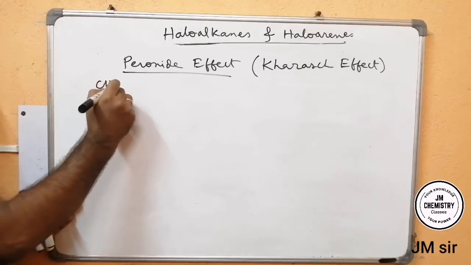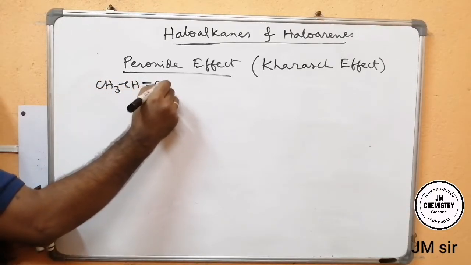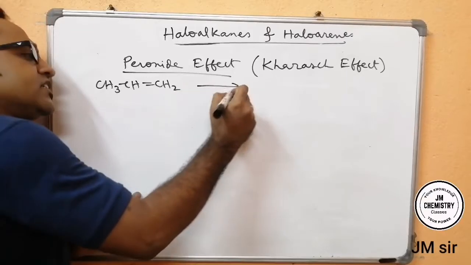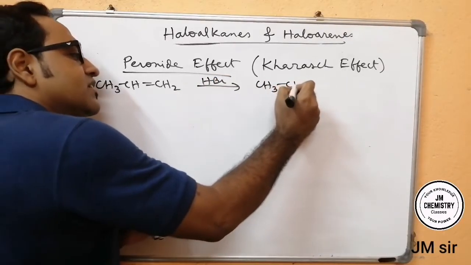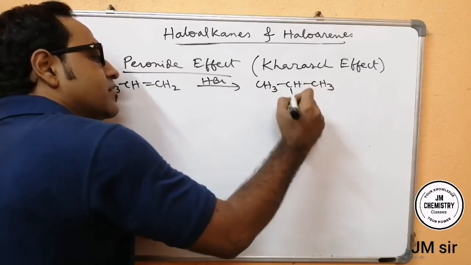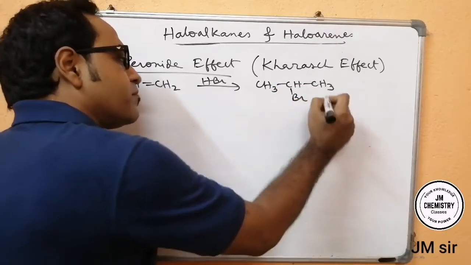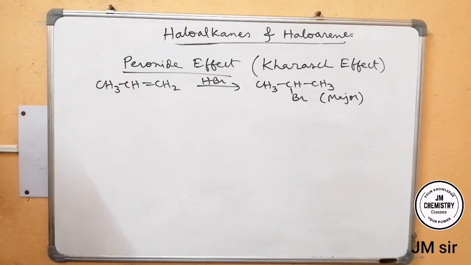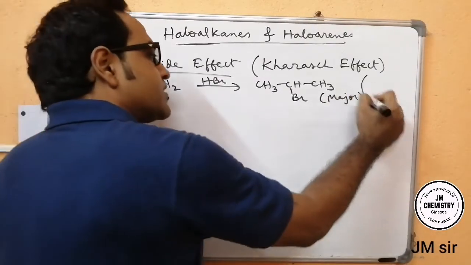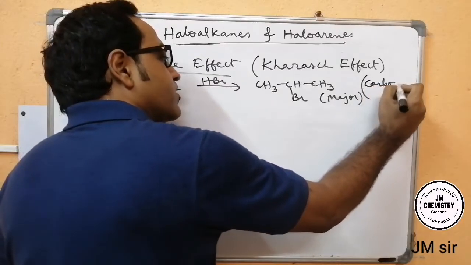So what we know, CH3-CH=CH2, if it is treated with HBr, it produces CH3CHBrCH3 as the major product. Just now we have seen the mechanism. Here the mechanism passes through a carbocation.